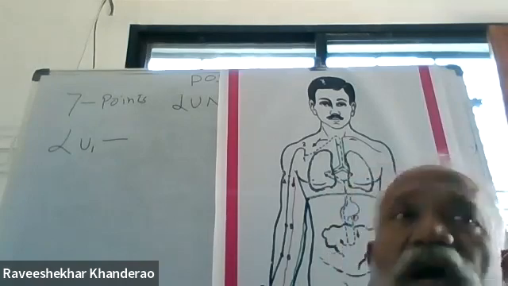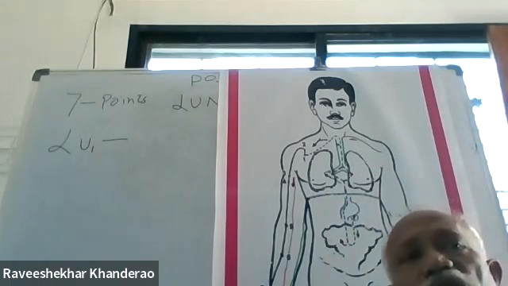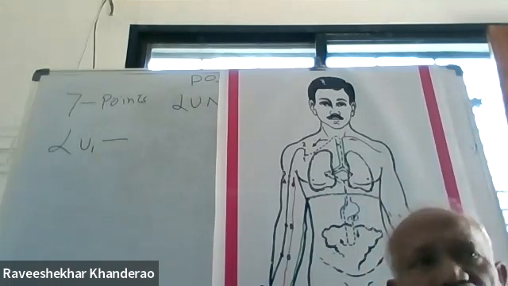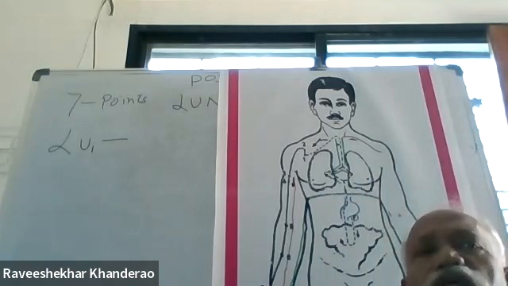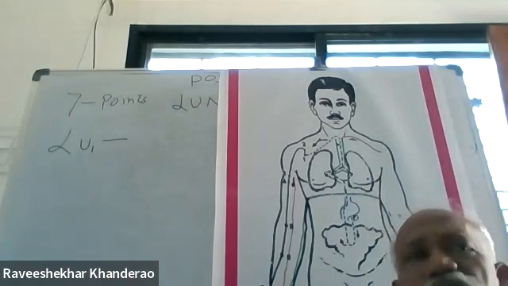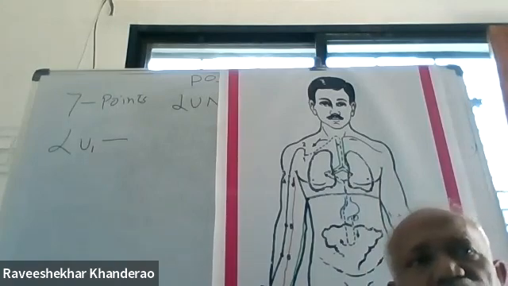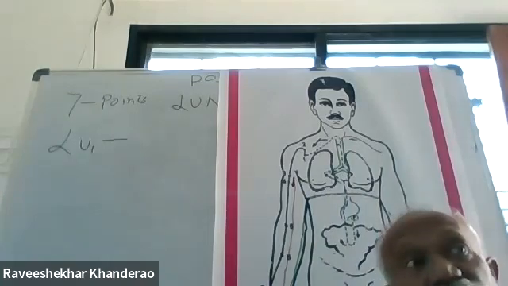What is the insertion depth in lung 1? 0.3 to 0.5 cun. Generally, I put the needle obliquely. I don't put a perpendicular needle on lung 1. Lung 1 is a very dangerous point. There are a few more dangerous points, but lung 1 is near the urinary bladder meridian.